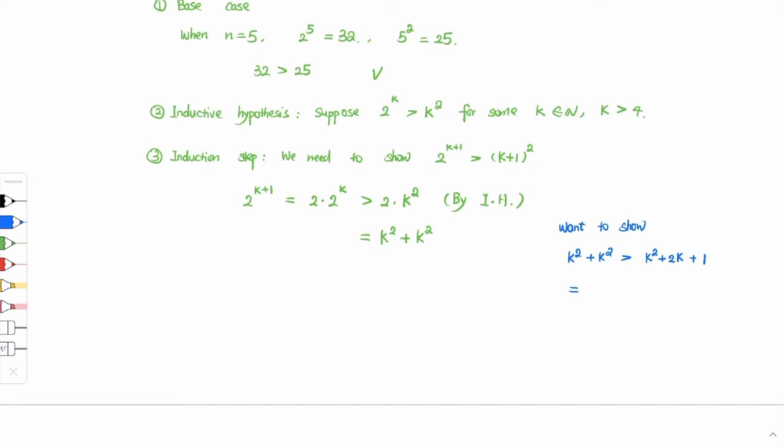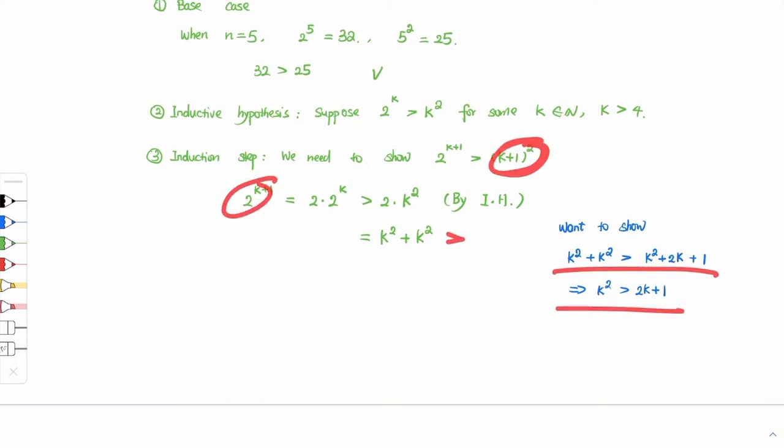So that means you need to show k squared is greater than 2k plus 1. Okay? So if we showed this, then this whole thing is greater than this, which means this is greater than this. So this is what we need to show right now.